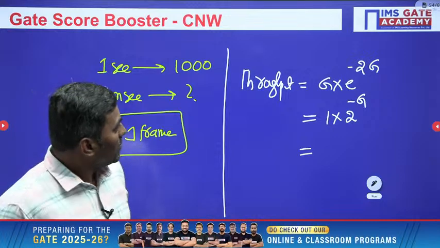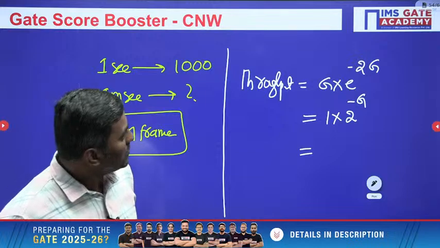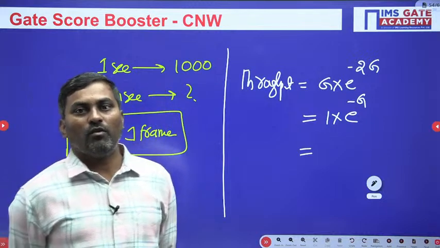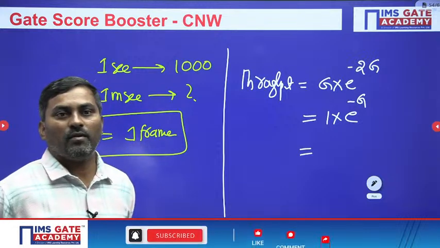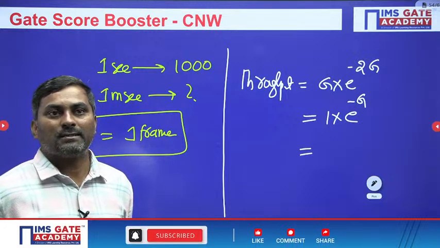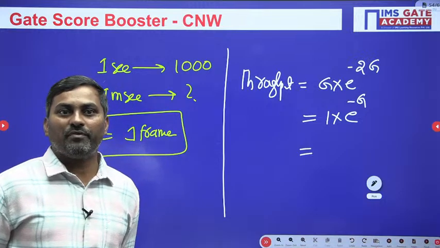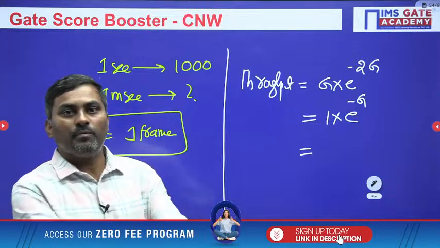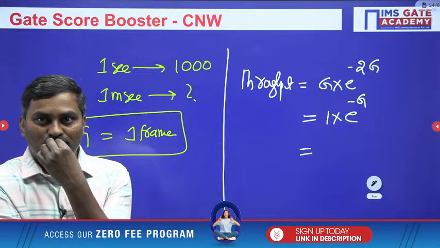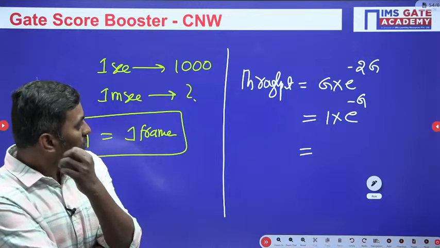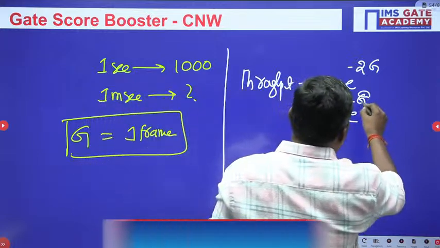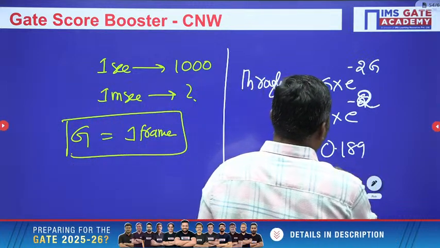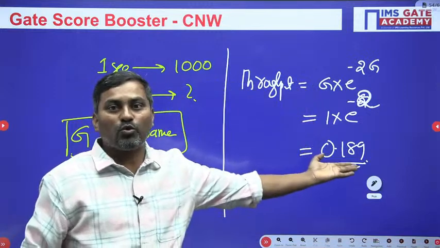Can you calculate this? 1 by e... sorry, this is e, and the power is 2, so it is 1 by e square only, right? 0.189, very good. Now 0.189 is the maximum throughput which you can get, right?